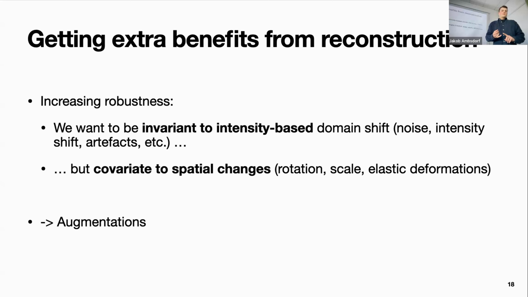But then you also want to be covariant to the spatial changes. So if your brains are rotated all of a sudden in a different way, they're differently scaled, or you have some elastic deformations on the anatomy, you also want to be able to detect this and still work if you have a bit changed anatomy there.